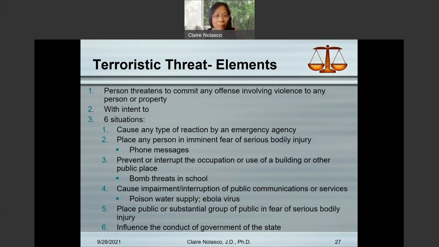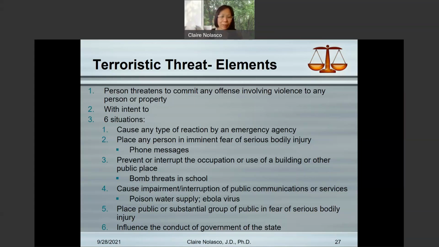Okay. First, intent to cause any type of reaction by an emergency agency. Second, place any person in imminent fear of serious bodily injury. For example, the previous example I gave you, phone messages. Okay. Third, prevent or interrupt the occupation or use of a building of another or another public place.